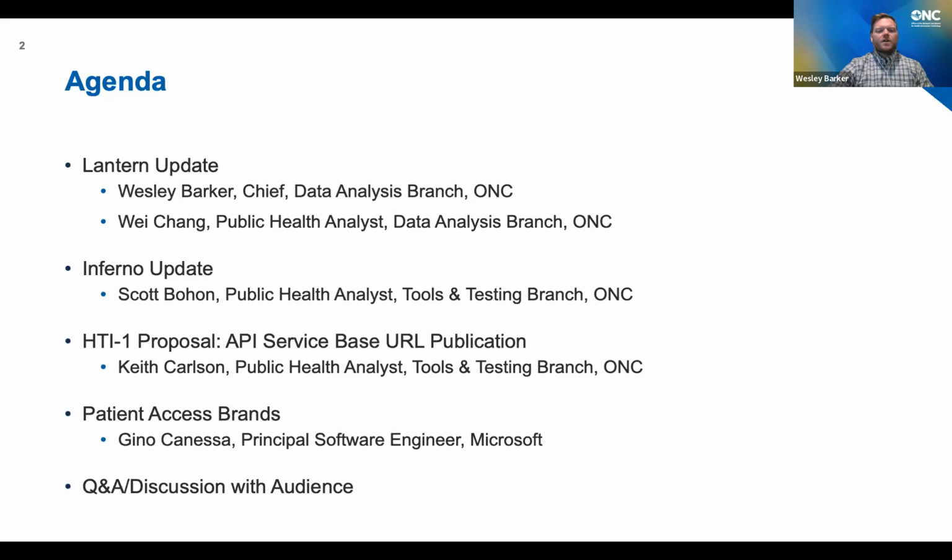And then Keith Carlson, also from ONC, will provide an overview of the ONC NPRM HTI-1 proposal on API service-based URL publication. This proposal fits in with some of the work that Lantern and Inferno have been doing over the past few years in understanding FHIR implementation and how to make information, in particular endpoint information, more accessible, more discoverable for users.